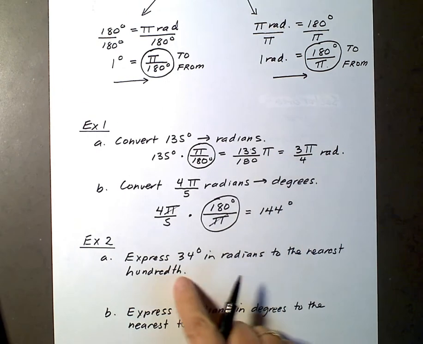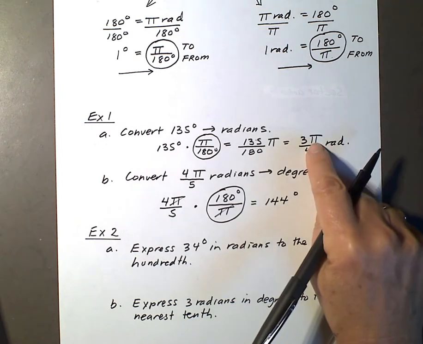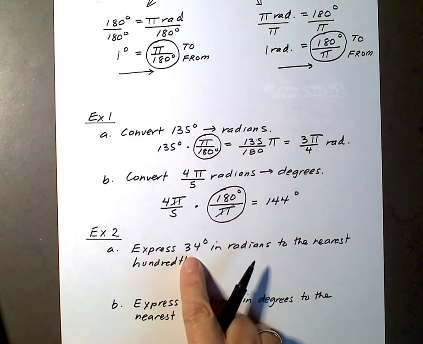But if we wanted to, we could use a calculator and substitute 3.1416, a decimal approximation for pi, and express 34 degrees in radians to the nearest hundredth.